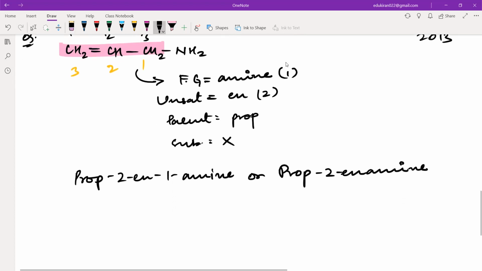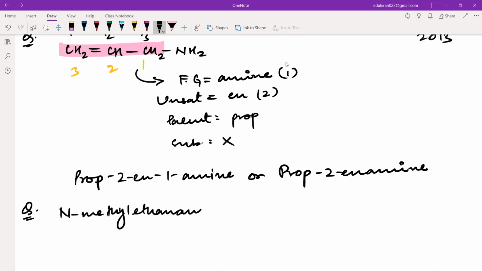The other thing that usually people don't focus on more is how to write the structure from the name. So you have N-methyl ethanamine.